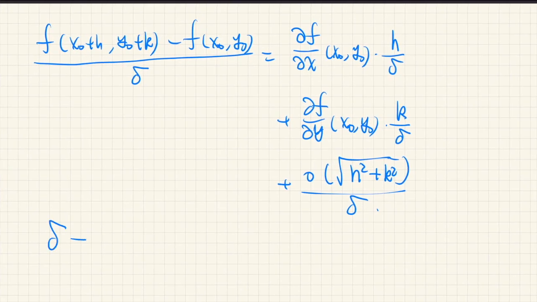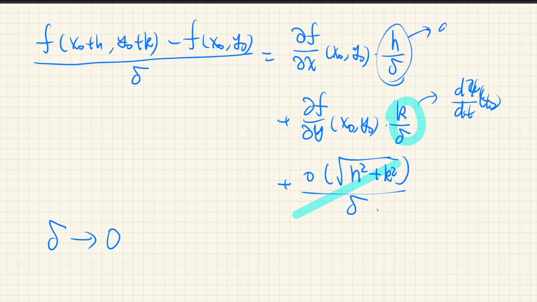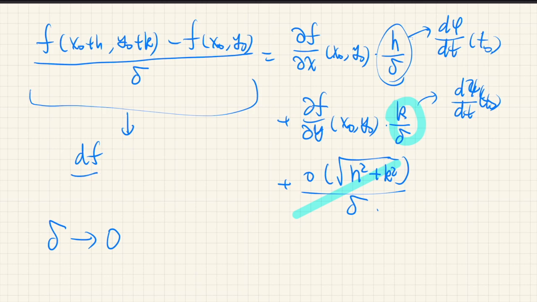Now we move delta to 0. Then this will disappear, this part will converge to d psi dt at t0, this term will converge to d phi dt at t0, and the left hand side will converge to df dt at x0, y0.